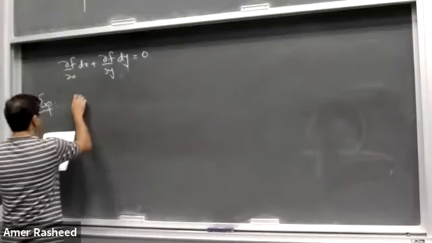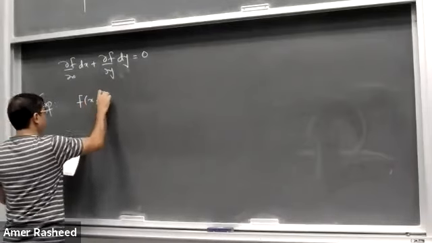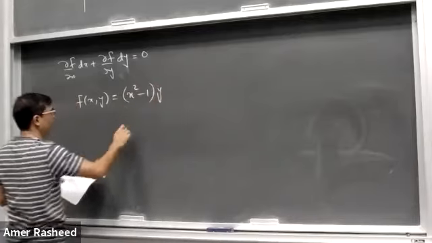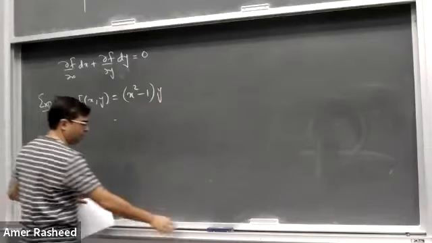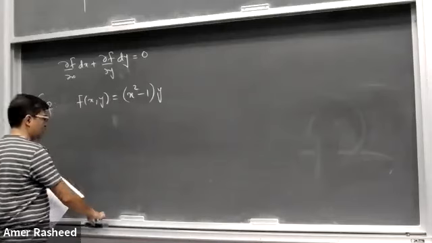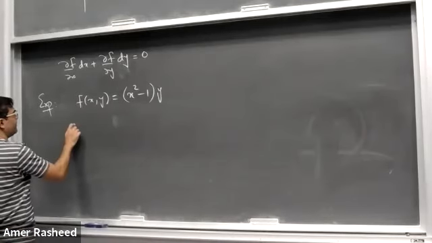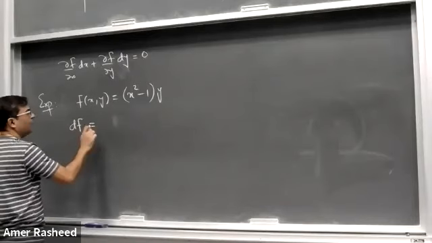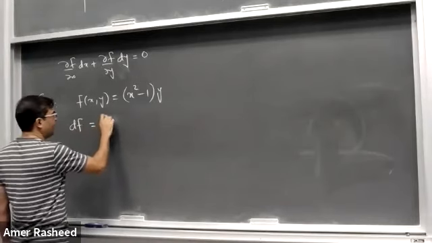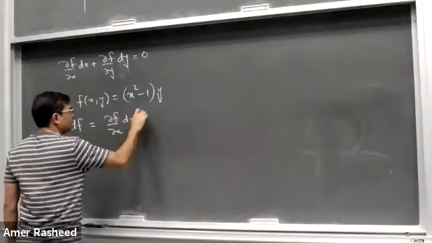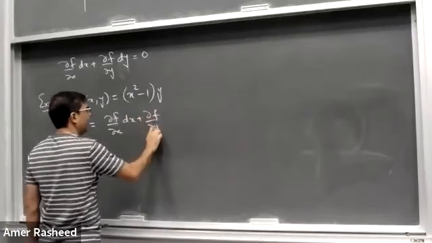If we have a function f of x, y equal to x square minus 1 times y, then how do we take the differential of this function? df is what? It's partial f over partial x dx plus partial f over partial y dy.